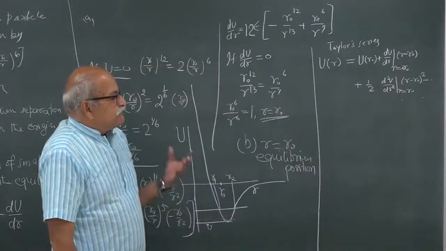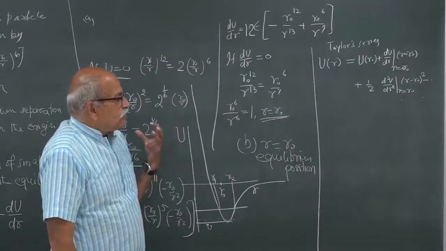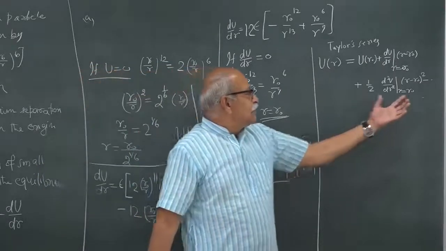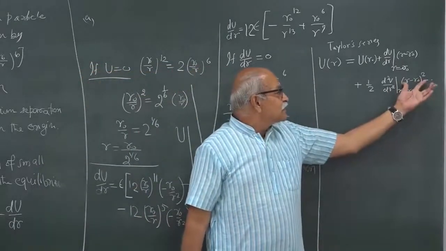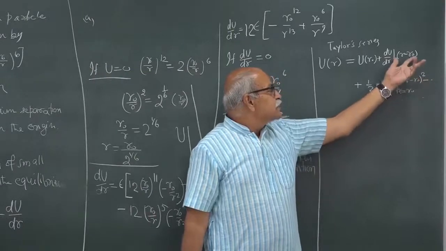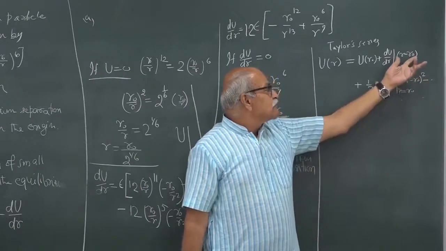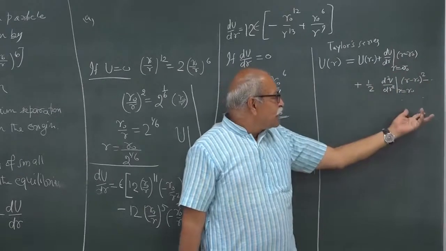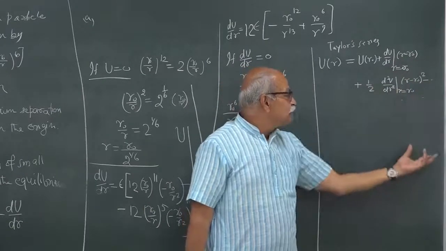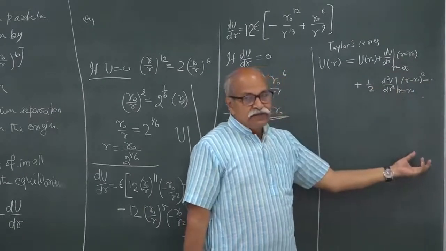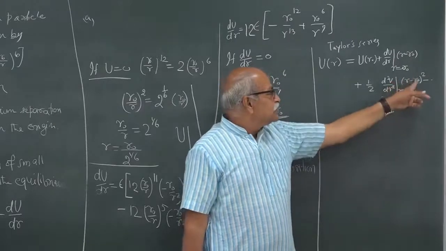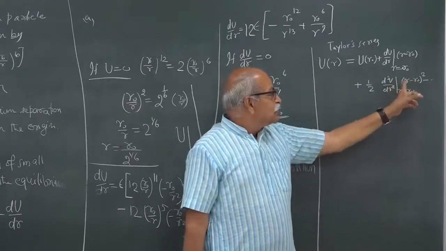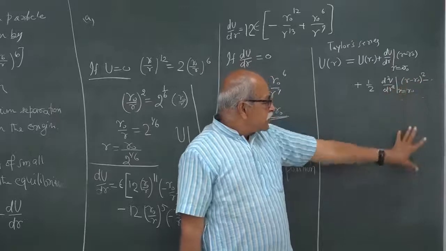And if r is very close to r naught, perhaps you would like to neglect this r minus r naught square term in comparison to the r minus r naught term here. You do have r minus r naught cube terms and fourth power and fifth power, but if this separation is small, if this quantity is small, then you can neglect higher order terms.